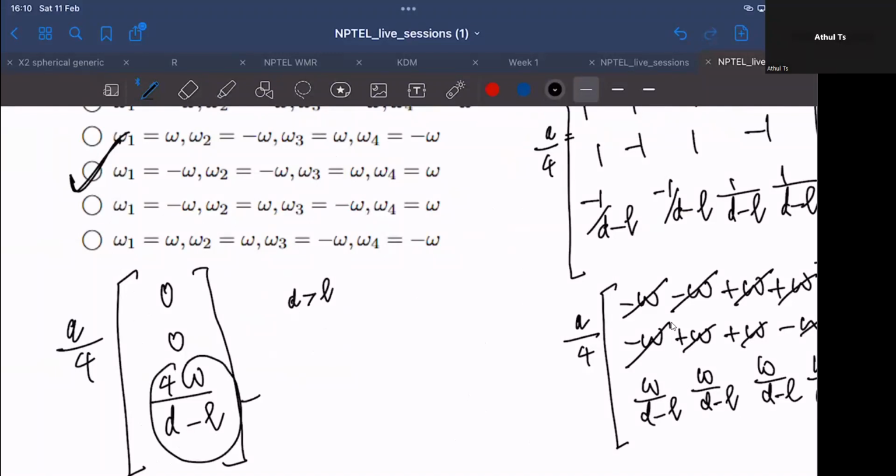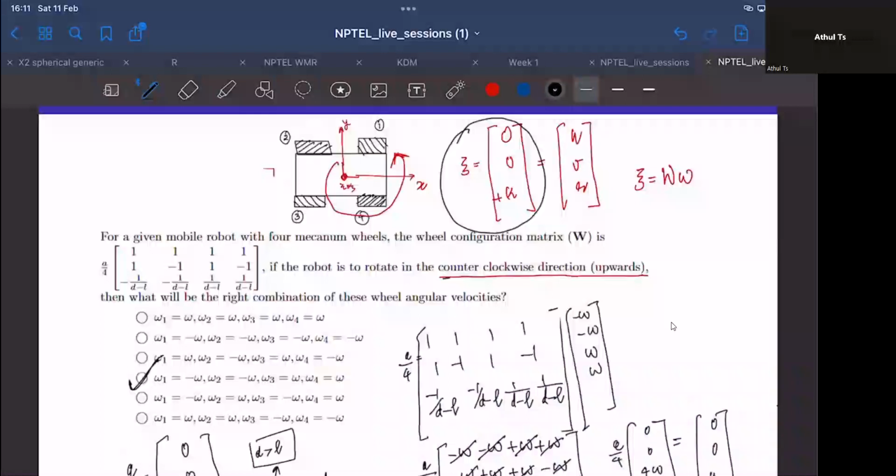This entire term would be positive if and only if this condition is satisfied. So what happens if L is greater than D? If L is greater than D, then this term would turn out to be negative. The final term would turn out to be negative. So the question doesn't actually specify anything.